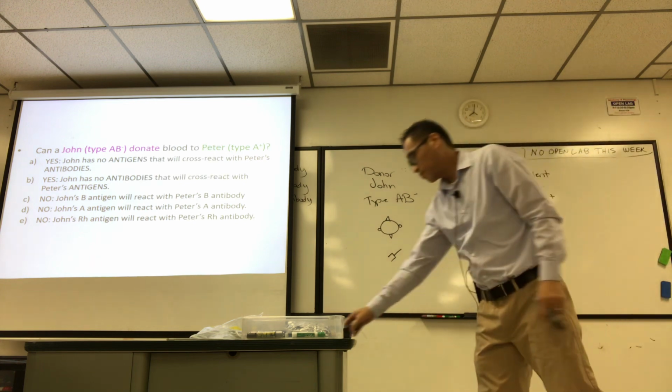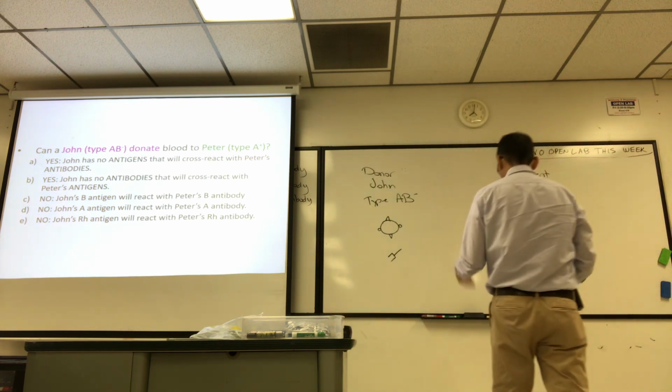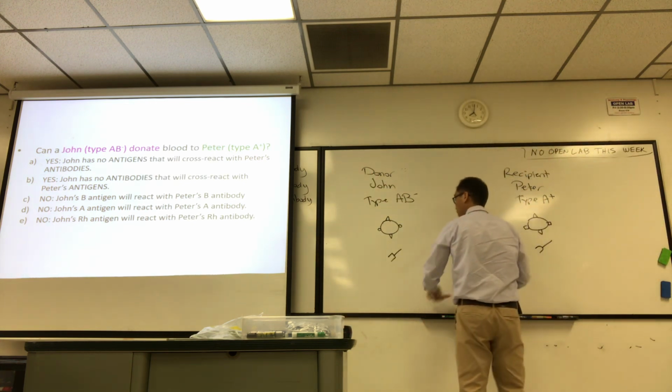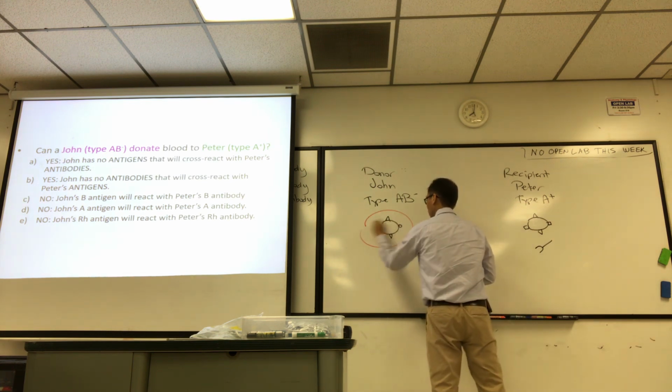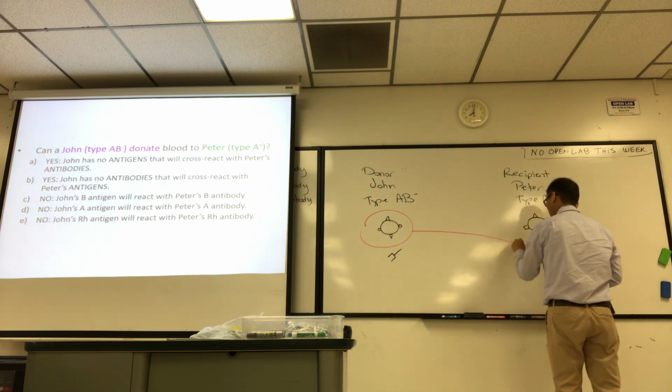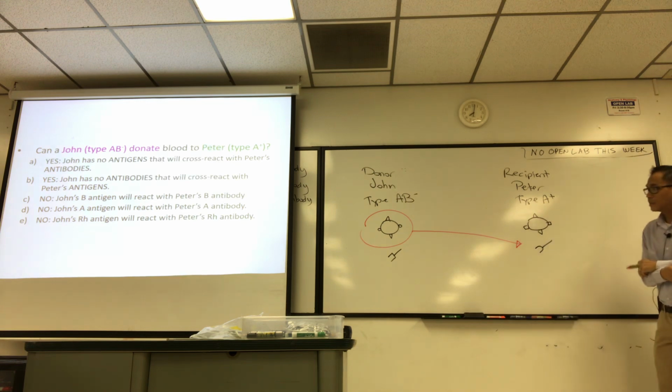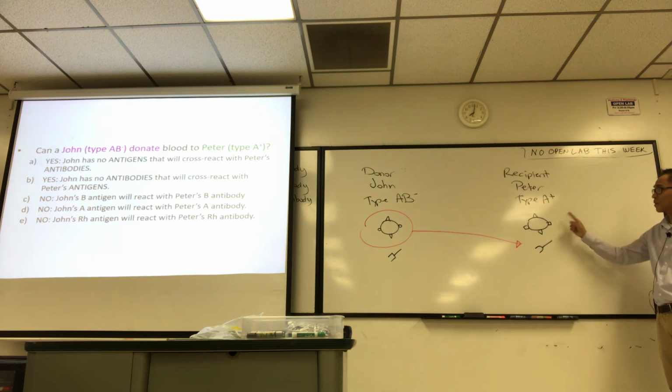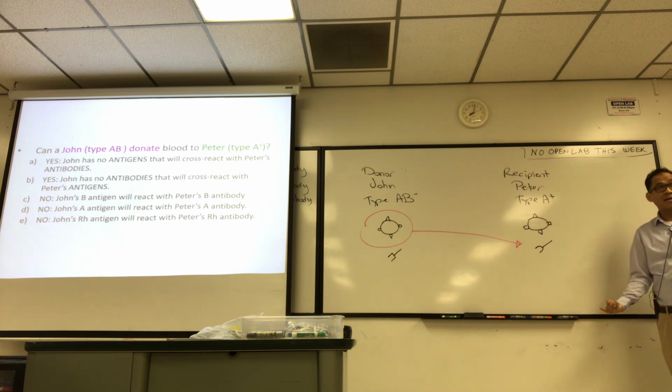So before we look at the choices, let's draw what's going to happen. He's going in this. You see the problem? Is there going to be a problem? Yes. If John gives his blood to Peter, Peter's antibody against B will attack John's B antibody, or John's B antigen. See, even I mix them up too.